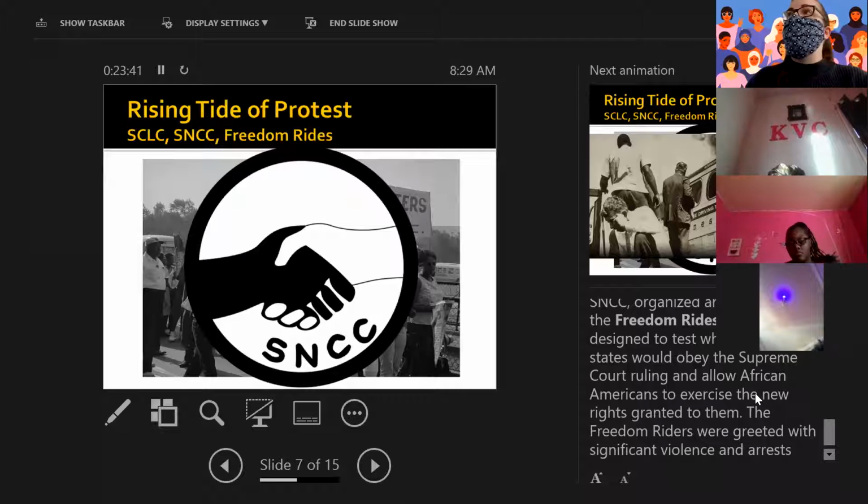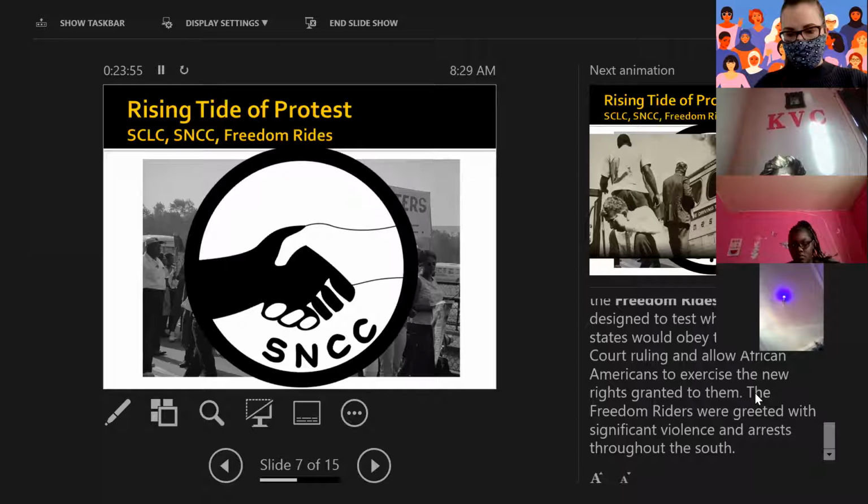In 1961, the SNCC organized the Freedom Rides. In the Freedom Rides, African Americans would ride throughout the South to test whether or not the Southern states were obeying Supreme Court rulings on desegregation. And often they were greeted with violence and arrests throughout the South.